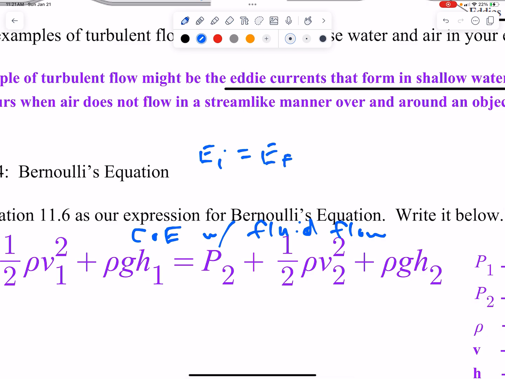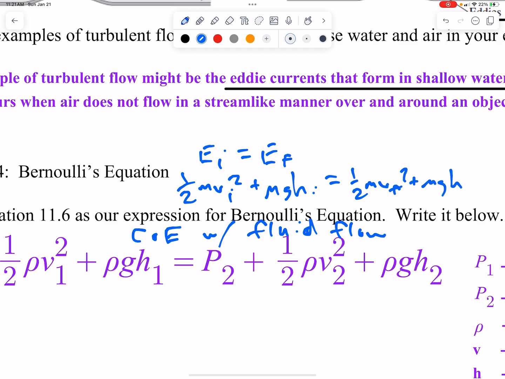And we usually came out with an equation like kinetic energy plus potential energy, right? K plus U equals K plus U. That's pretty much what we came out with, which means if you really simplified it, we would get stuff like 1/2 mv squared initial plus mgh initial equals 1/2 mv squared final plus mgh final.